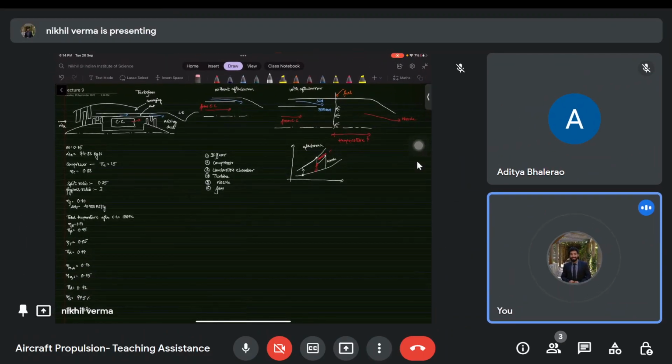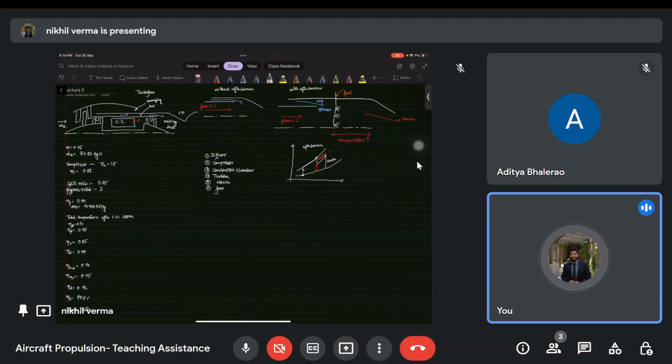So there's a turbofan engine which cruises at 0.75 Mach. The mass rate of air is given. Compressor efficiency and pressure ratio is given. Split ratio and bypass ratio is given. For a fan, the efficiency is given, and for the burner, pressure drop, efficiency, and the calorific value of the fuel is given.